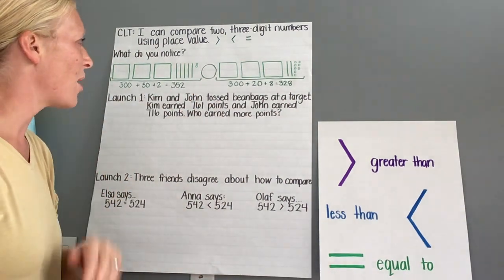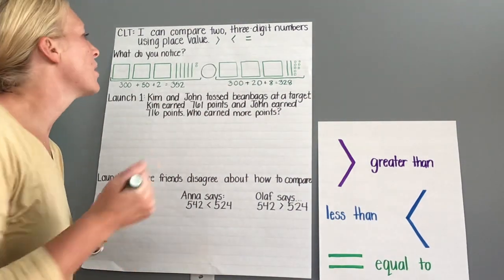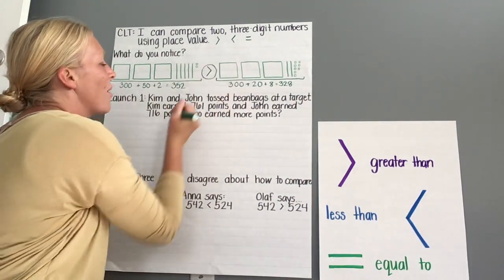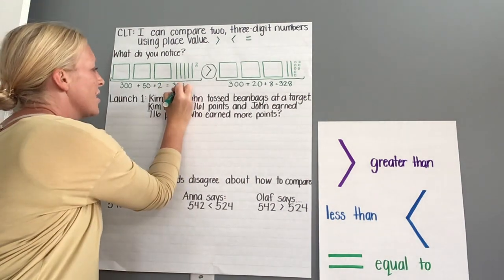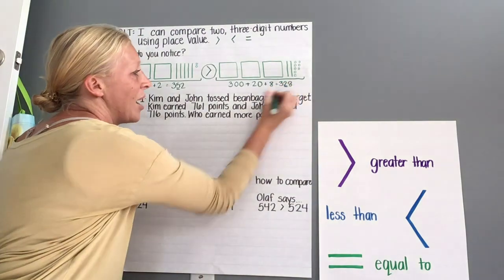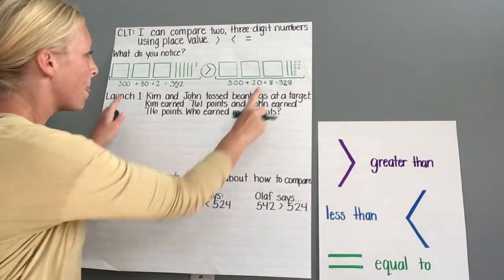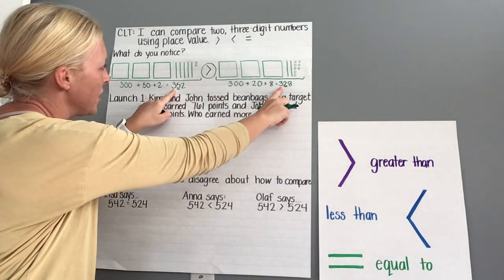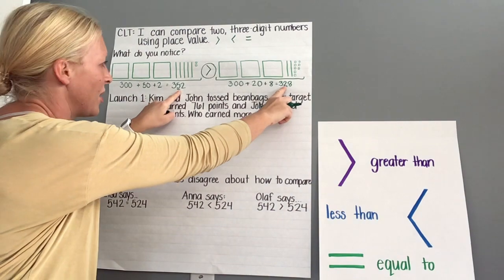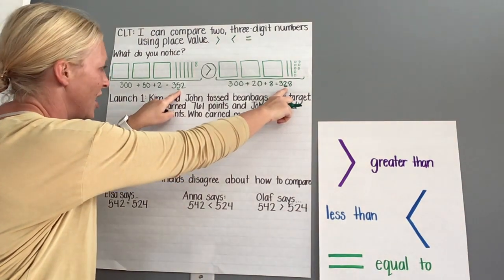So what symbol would I write to compare those 2 numbers? This one is bigger. And what place helps you understand that? The tens place. Absolutely. Why am I not looking at my hundreds place? Because there's a 3 in both of those numbers. So if it's the same here, we've got to go to that next place, right? That next digit, which is our tens digit.